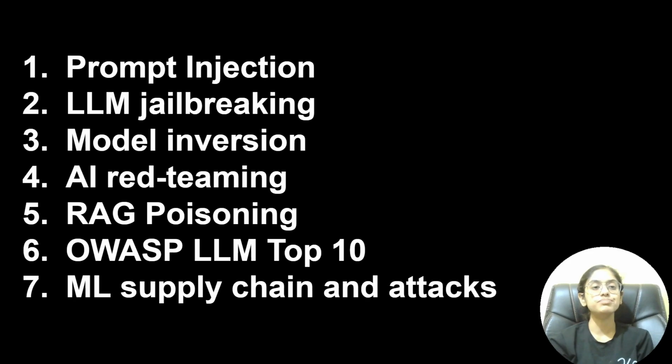So what is it: prompt injection, LLM jailbreaking, model inversion, AI red teaming, RAG poisoning, OWASP LLM Top 10, ML supply chain and attacks. You can't master these concepts within 1 month, I bet you. Okay. So you have to go in depth on these concepts to learn them in a proper way.